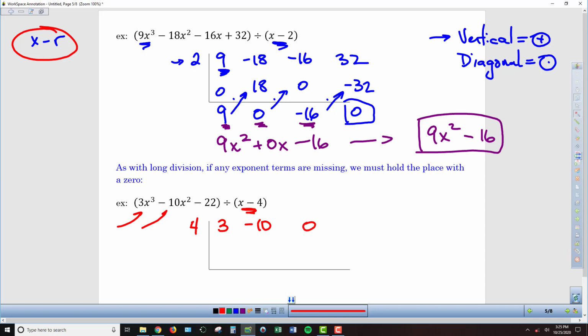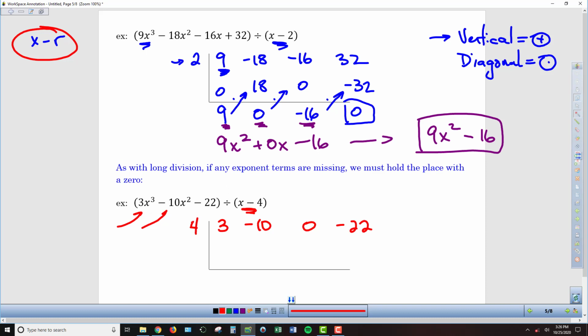So that coefficient is going to be 0, and then I'm going to have negative 22 at the back. It's super important that we remember and pay attention to that, because unlike in the long division, where we'd get a signal that our like terms aren't lining up properly to catch that mistake, with synthetic division, we would never catch it if we don't notice it at the very beginning. So an important element of this.